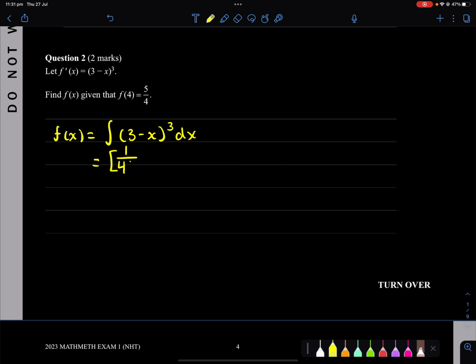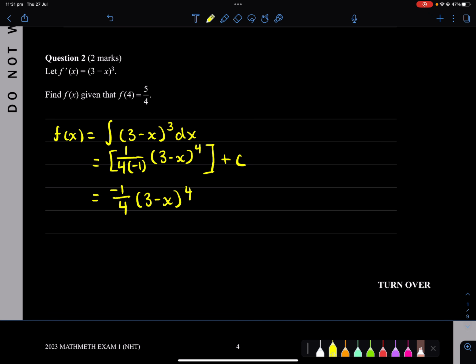So we put 4 here. And divide by the derivative of the inside function, which is just negative 1. We'll put a negative 1 over here, 3 minus x, and make sure you put the new power, which is the 4. Close bracket. And we don't want to forget that plus c. Now expand that, so that'll be negative 1 over 4, 3 minus x to the power of 4.